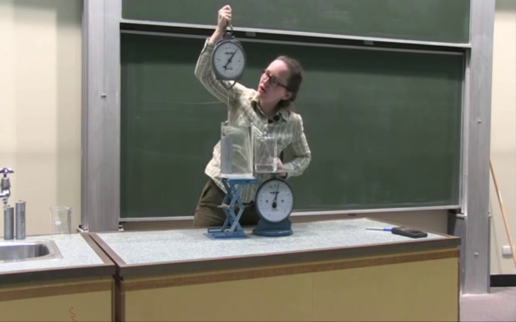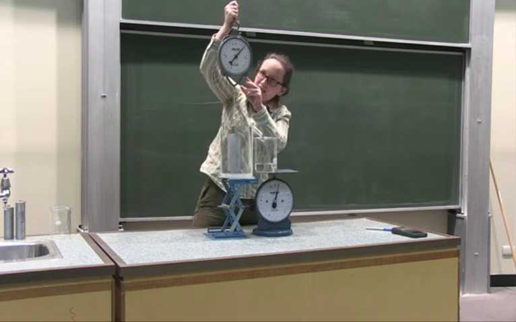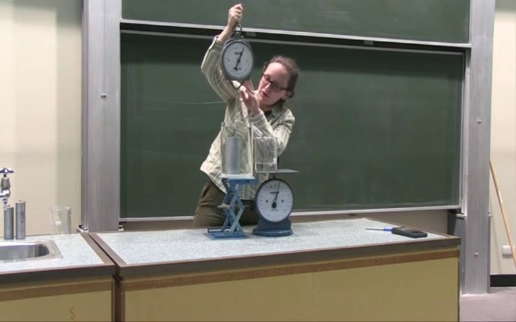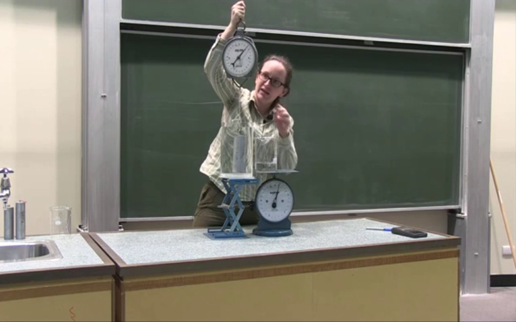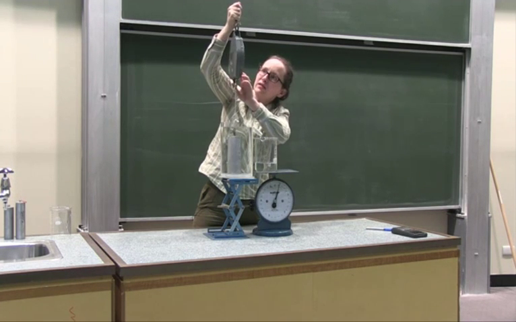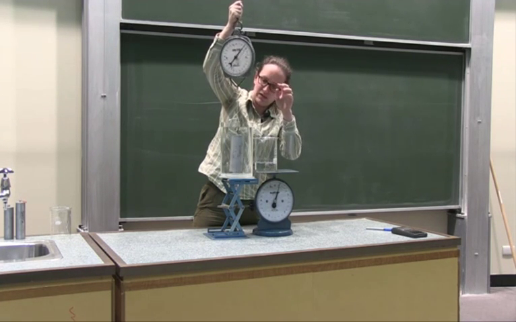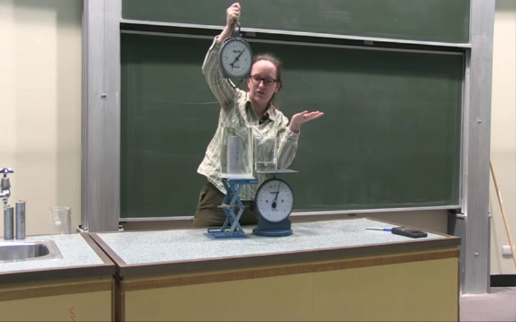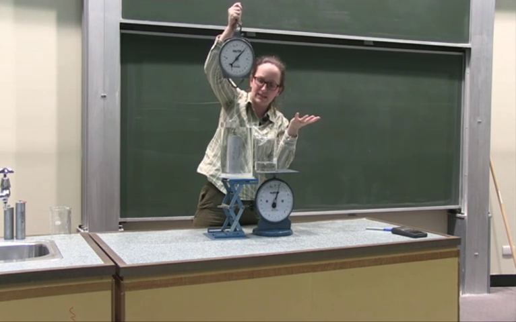Now you can see on these scales, now that it's submerged, the scales are reading approximately 600 grams, suggesting that 300 grams or 300 millilitres of water has been displaced.